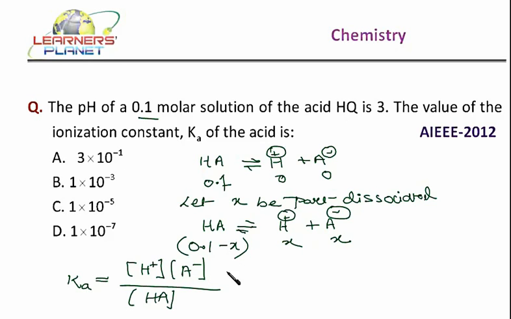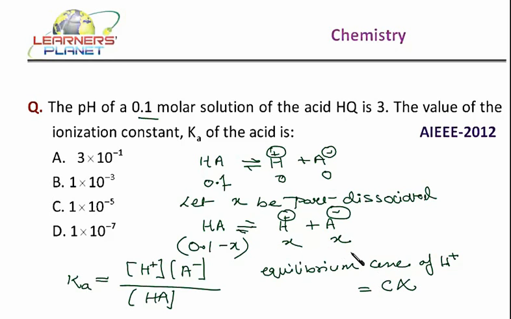Right? Now what will be the equilibrium concentration of H plus? It will be equal to C alpha. C is the concentration multiplied by the degree of dissociation.